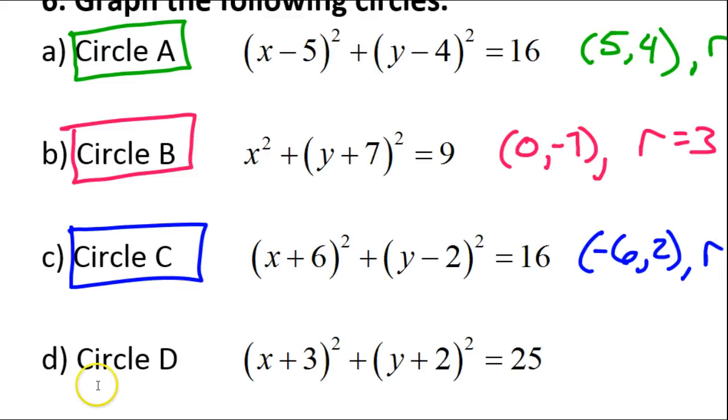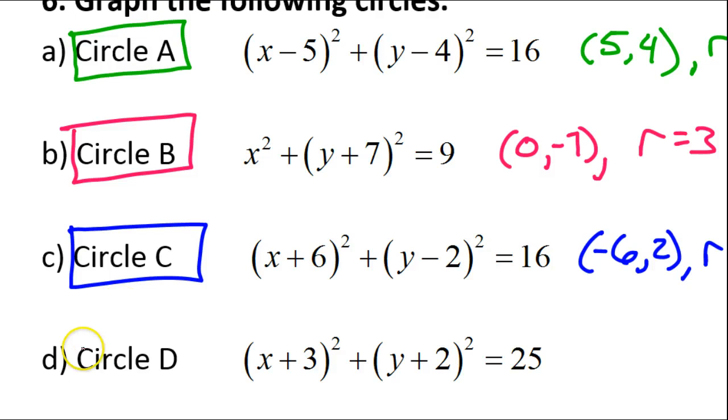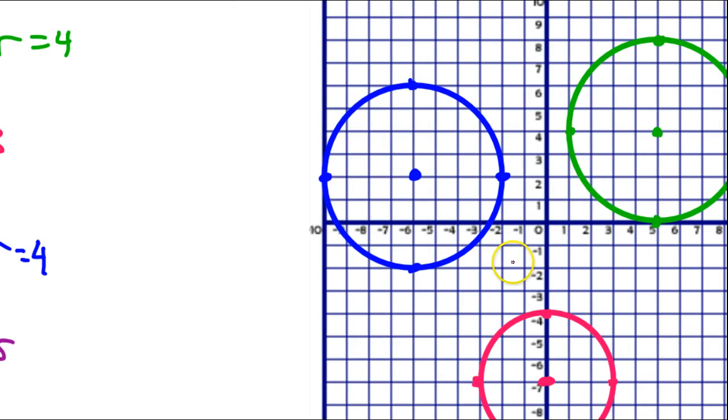And then finally circle D. I will do this one in purple. The center is going to be negative 3, negative 2, with radius 5. So there's my center. And I'm just going to go 5 in all directions.